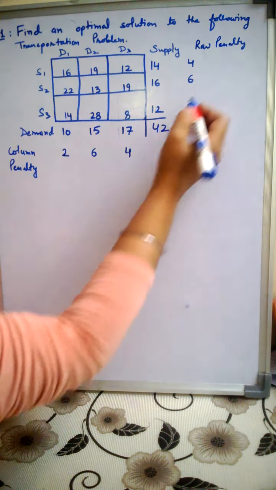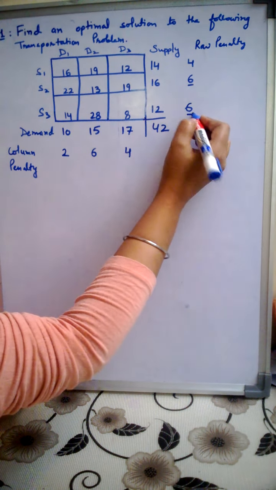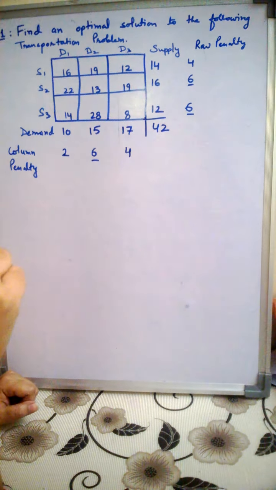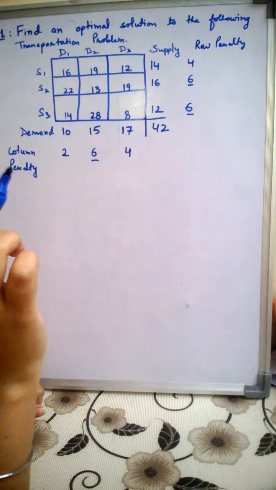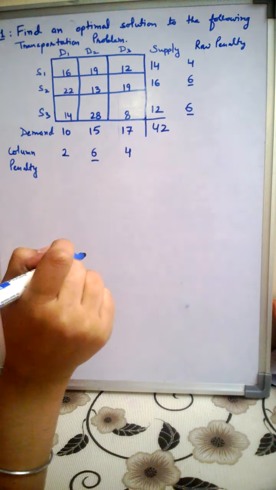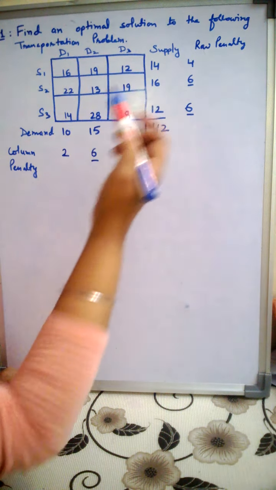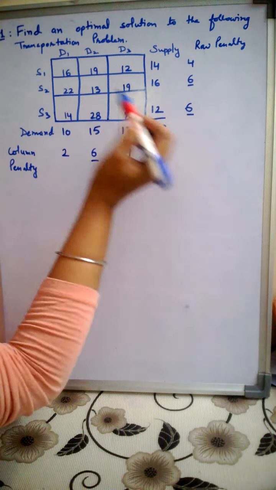Here we see that the maximum penalty is 6, which corresponds to the second row, third row and second column. Now which of these penalties will we select? Whenever there is a tie between the penalties, we select the penalty corresponding to which the cost is minimum. Corresponding to the first 6, the minimum cost is 13.